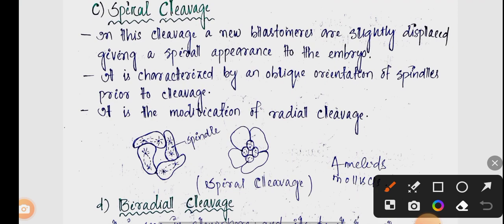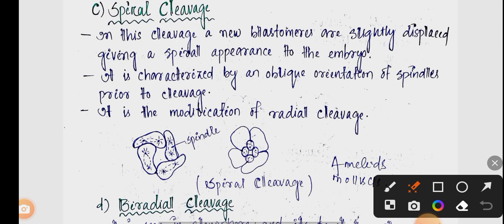Spiral cleavage. In this cleavage, new blastomeres are slightly displaced, giving a spiral appearance to the embryo. It is characterized by oblique orientation of spindles prior to cleavage.